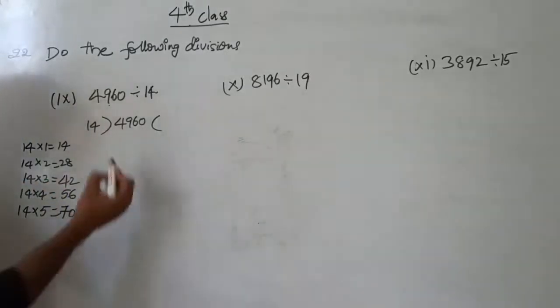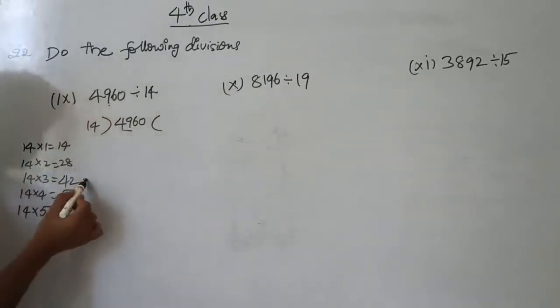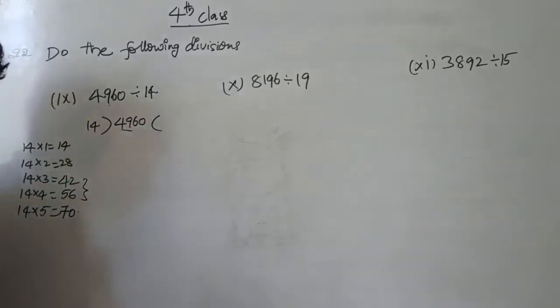See here, we have 49. So 49 is in between these two numbers, 42 and 56. So we have to take the nearer value.